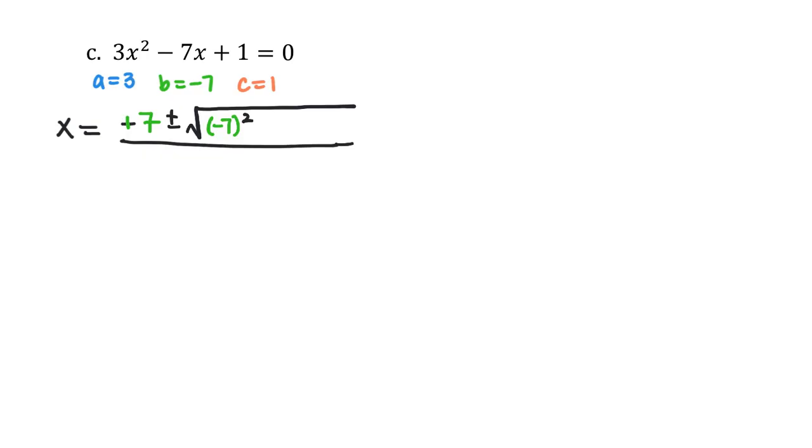Make sure you put the -7 in parentheses when you square it, because you're doing -7 times -7. With the positives, we can be a little careless with the parentheses, but with a negative, you have to make sure you put it in parentheses so you're squaring the negative and the 7. Okay, where was I? b squared minus 4ac. So minus 4 times a times c all over 2a.